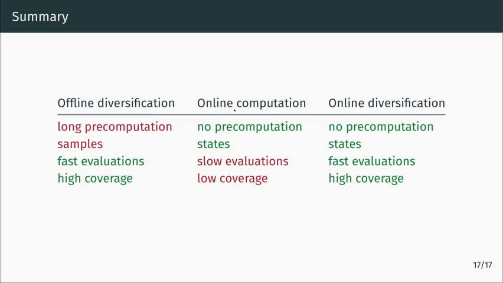The online computation needs no precomputation and can work on the states that are evaluated, but it suffers from this low evaluation and has low coverage as a result. The online diversification combines the advantages of the other two methods in that it needs no precomputation, it can work on the states that are really evaluated, and it obtains fast evaluations and therefore high coverage.